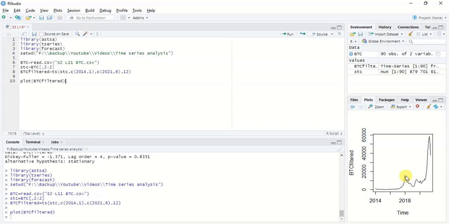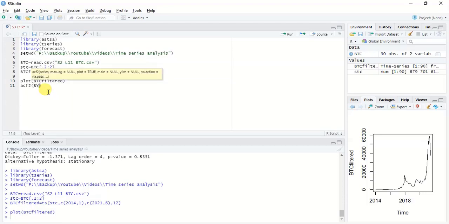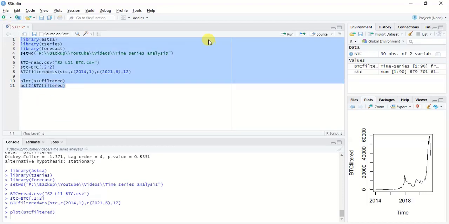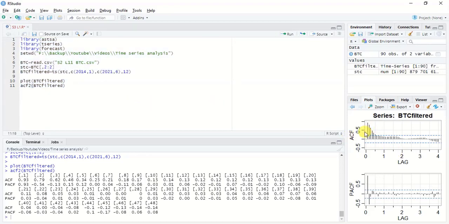There are two methods we can use to check whether the dataset is stationary or non-stationary. First, I am going to use the autocorrelation function. So let's run this. By looking at this ACF plot, we can see in most cases the ACF value crosses the significant value, which indicates the dataset is non-stationary.